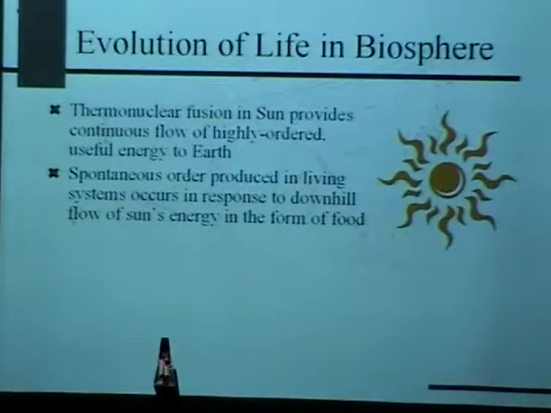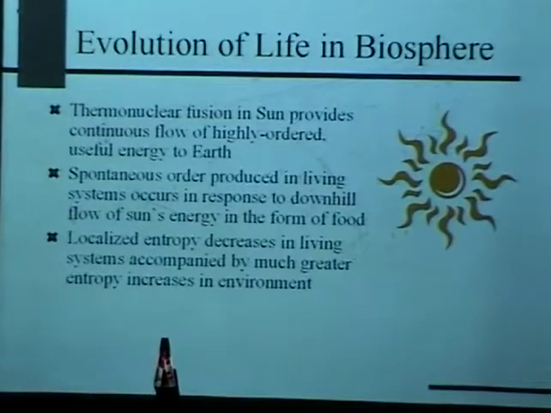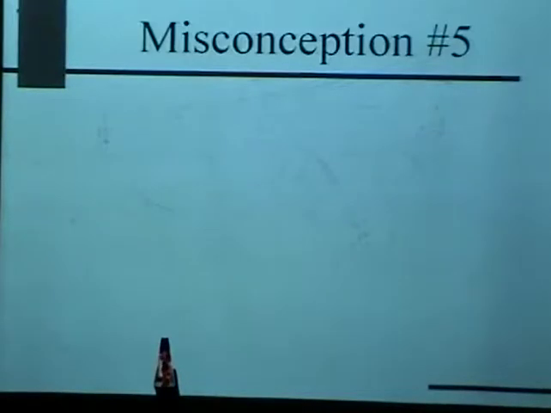The spontaneous order that we see evolving around us can happen only because there is this downhill flow of energy from the sun in the form of food. And the second law is not being violated, though the localized entropy decreases happen. There's still an overall increase in the entropy of the universe here.